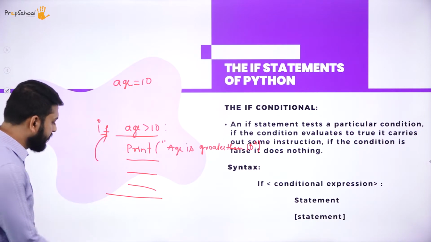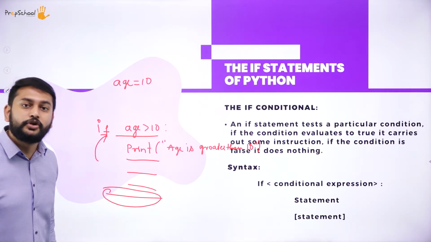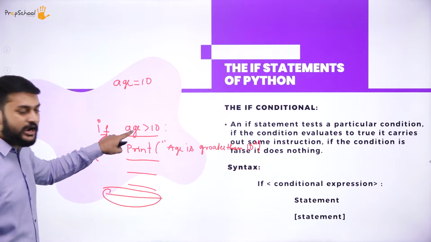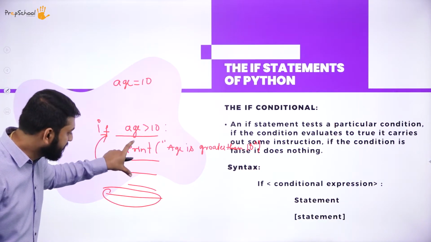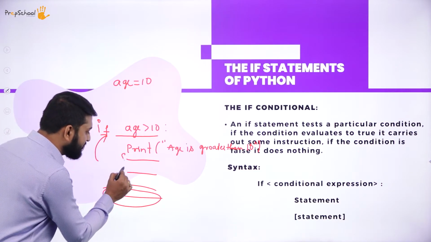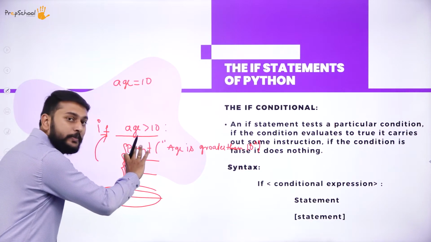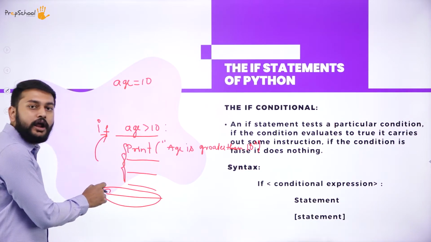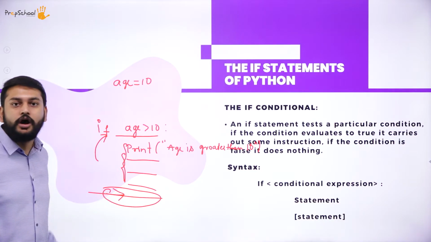Suppose this condition is not satisfied, so what will happen? All the statements I have inside this block will be skipped. So directly the control will come to this statement, and the execution will start from these statements onwards.